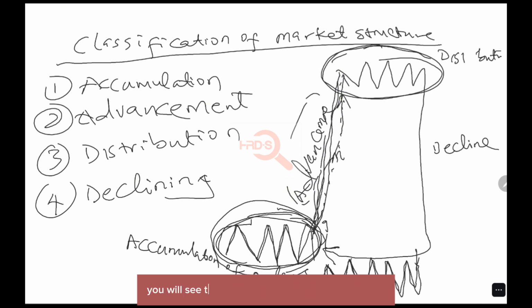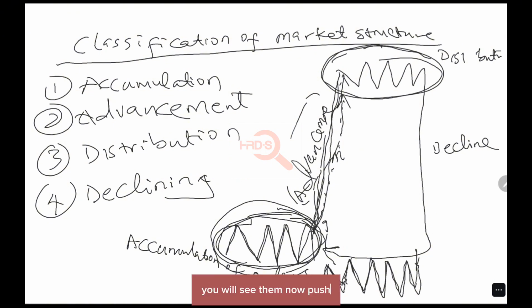You will see this repeat over and over on your chart of any pair at all, right? You will see them now push the market. We say that is expansion. And when they have pushed the market, you will see it start ranging again, and at this point we call it distribution.